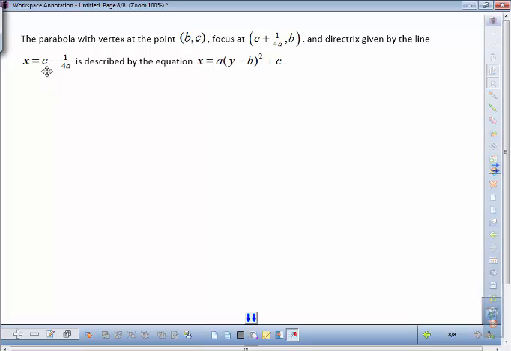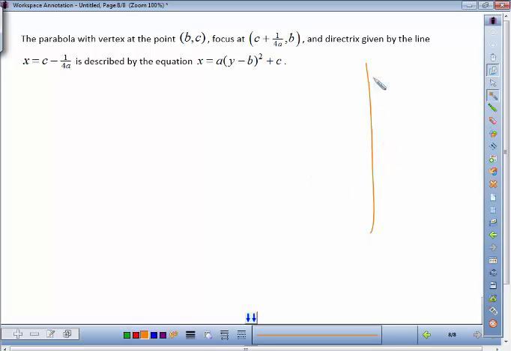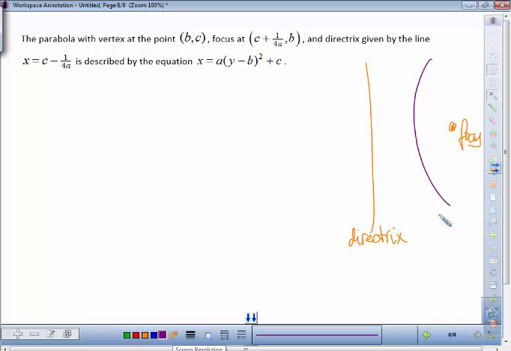X is equal to c minus 4a, and then your equation is going to be an x that's by itself, and then the y that's going to be squared. So you probably want to write this as a function of x. This is going to be a sideways parabola. So directrix, focus, and your parabola would be going sideways.